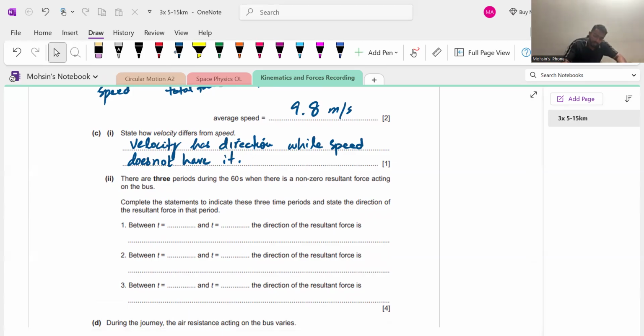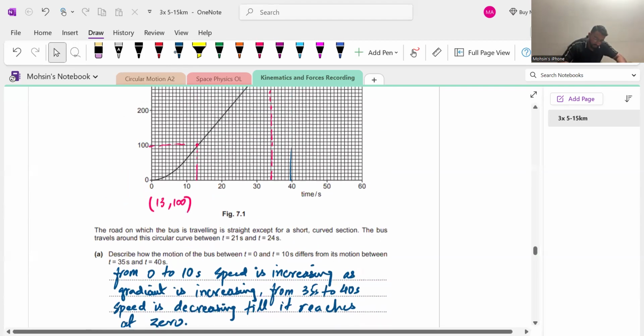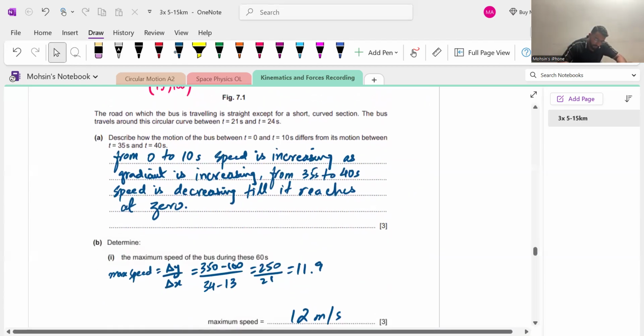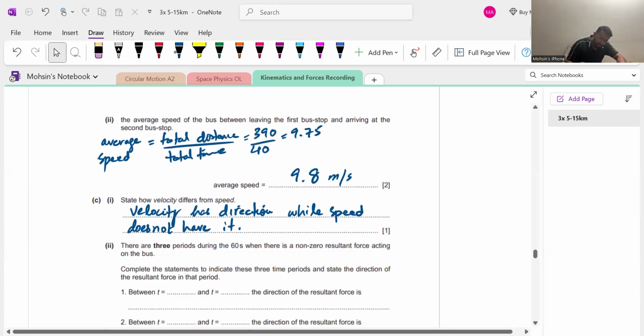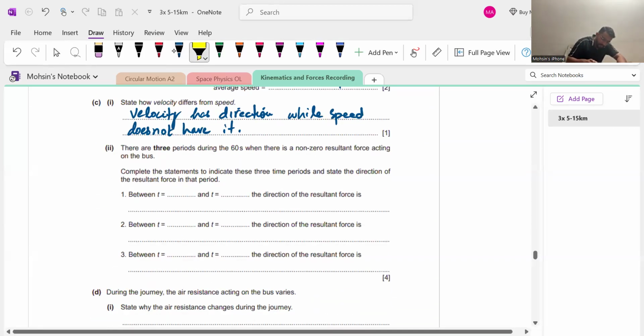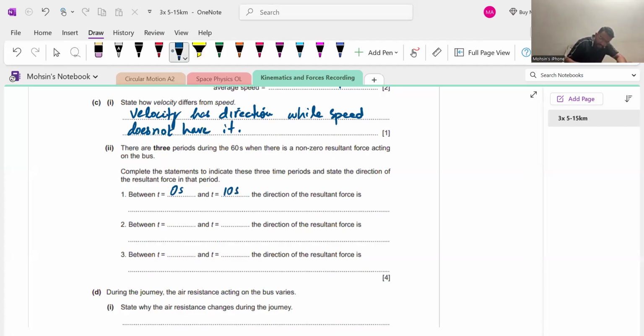So remember, we started like this. Between 0 to 10 seconds, the speed is increasing. It means there is acceleration, there is non-zero resultant force. So first of all, I'm writing here that from 0 second to 10 second, the direction of resultant force: if the speed is increasing, then the direction of force is in the direction of motion.